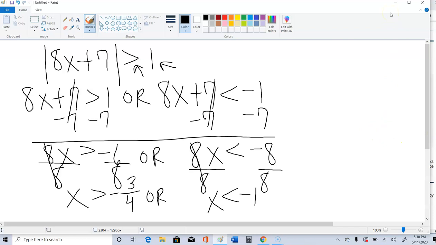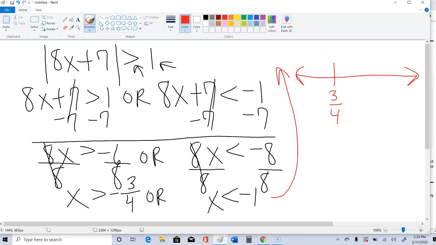Now let's graph these on our number line and then get our answer in interval notation. So we have -3/4. Actually, -1 should come first. That is important, or else your interval and your answer will be backwards. So -1 goes first, and then -3/4.